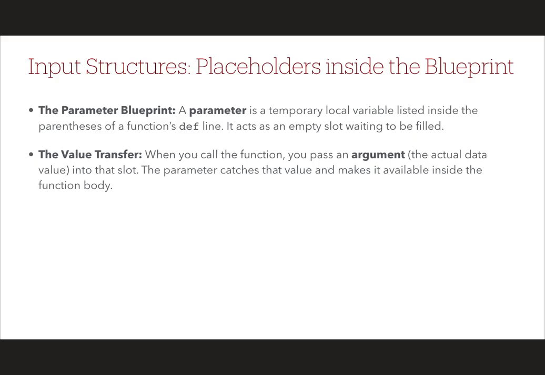So let us first consider the input structure. If your function wants to receive some information from the outside world, from the user or from a certain file, you need to define some placeholder for that value. Those placeholders must be created when the function is defined, inside the parenthesis, and they will be called parameters.